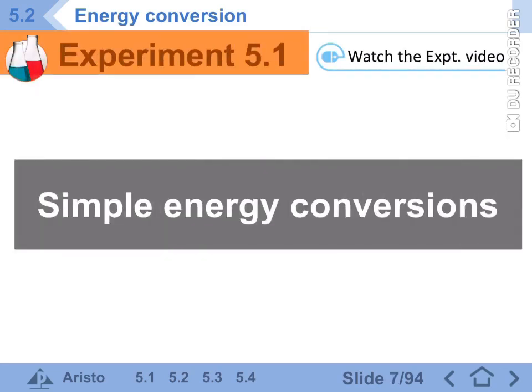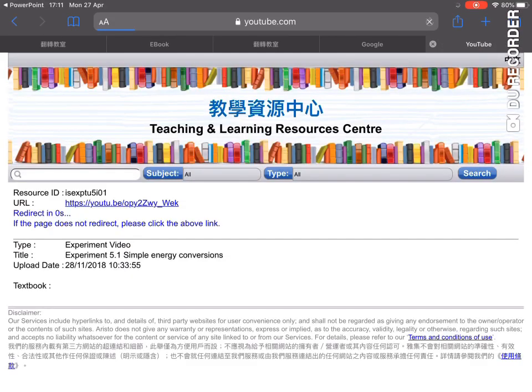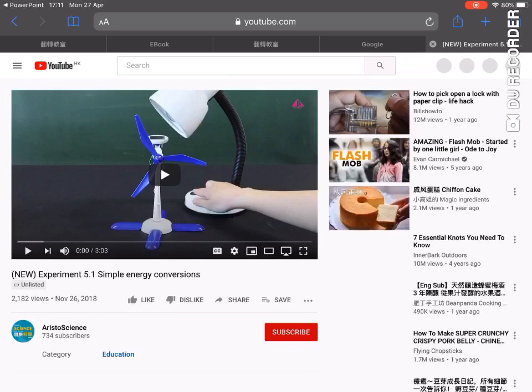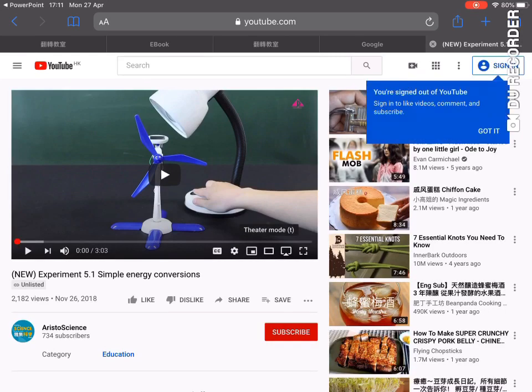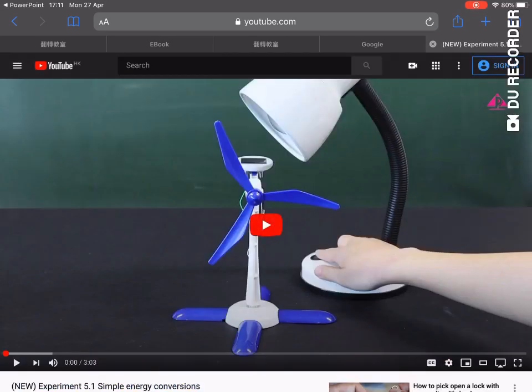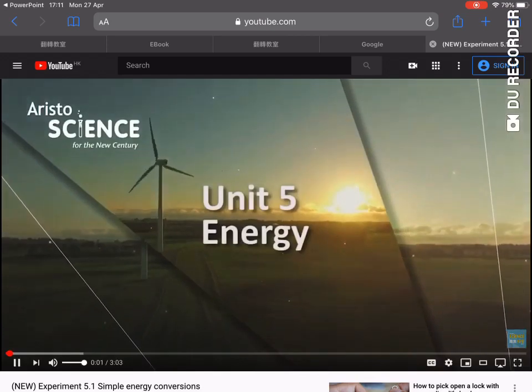Now in here, the next experiment, we have some simple energy conversion. So let's watch the video first. Okay, so in here, let's take a look.